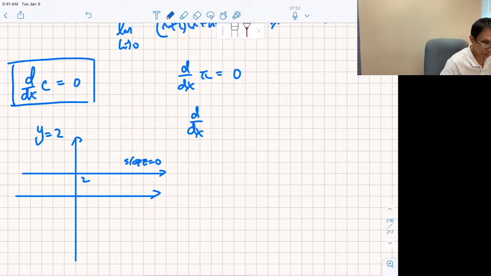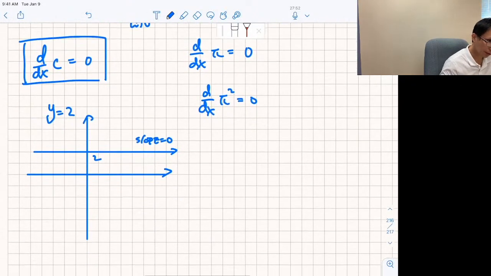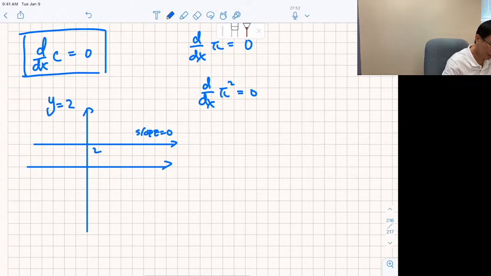Derivative of pi squared is still 0 because pi squared is like 3 squared. A lot of people did the power rule on this, which is funny. Would the power rule work on a constant? No. A constant doesn't need the power rule. They used the constant multiple rule.